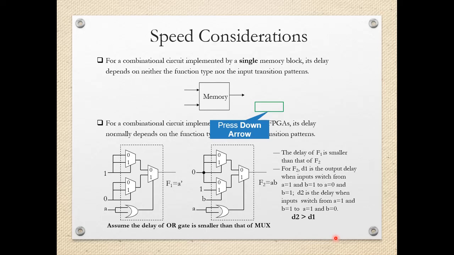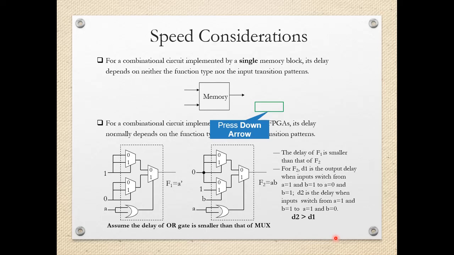Now the delay of F1 is smaller than delay of F2. That is because the delay paths are equalized in the first case. Logic 1 and logic 0, which will be traveling through this multiplexer. In both the cases, the similar logic is implemented, which is the parallel logic. So hence the delay will be less.